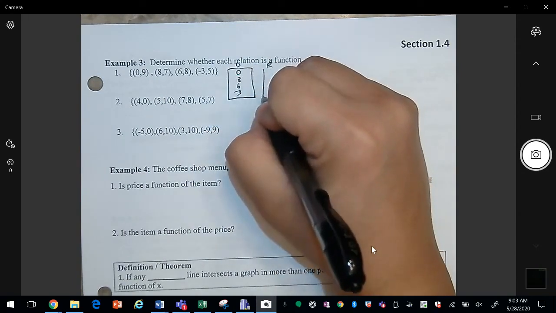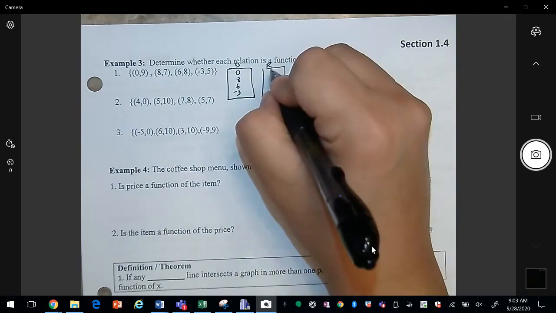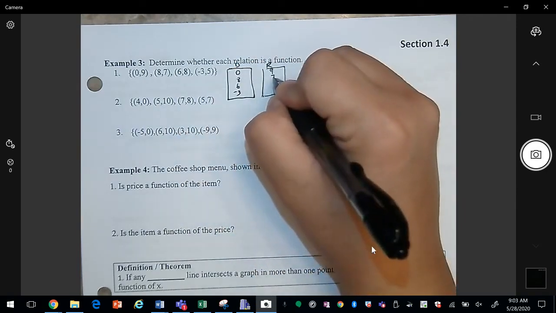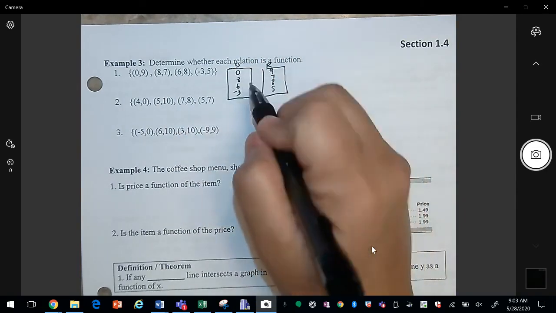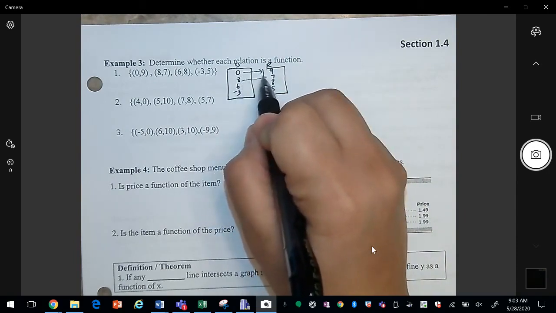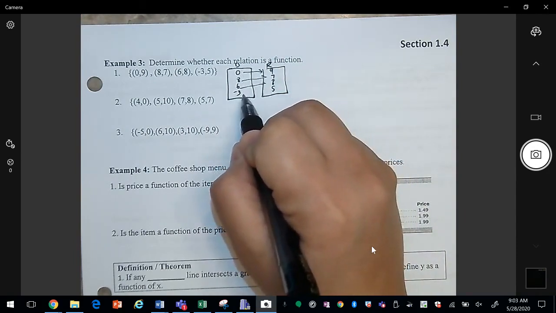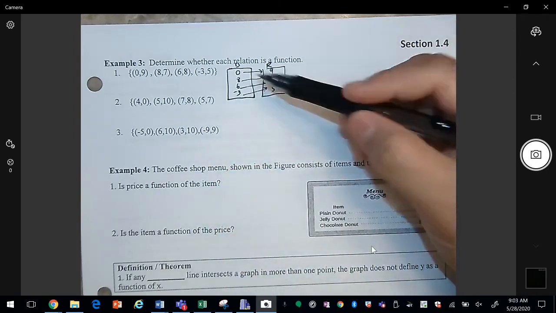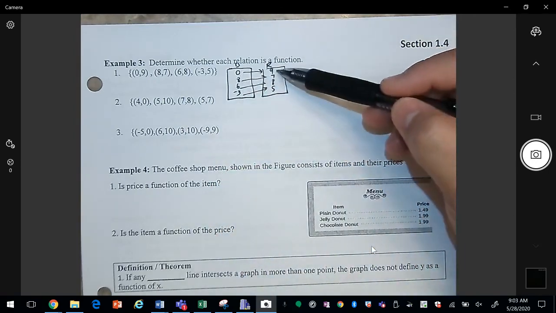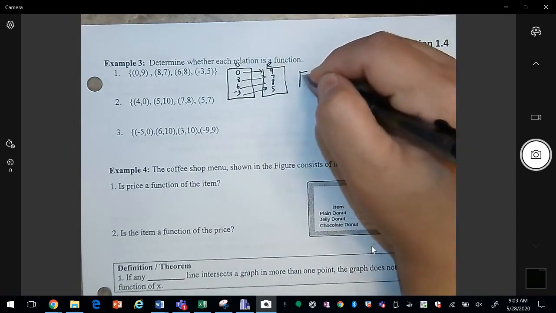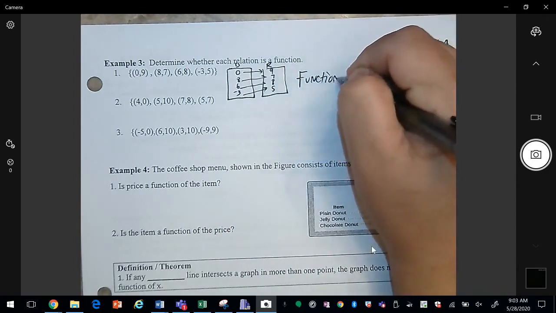And then the range is the second numbers, which is 9, 7, 8, and 5. So 0 goes to 9, 8 goes to 7, 6 goes to 8, -3 goes to 5. So you can see that all the domains are going to exactly one item in the range. So we say that this is a function.